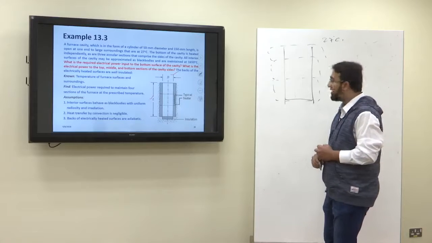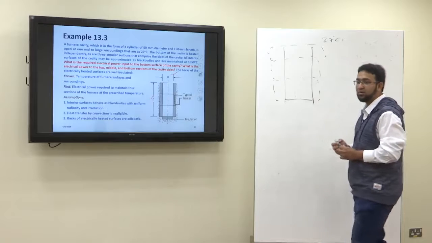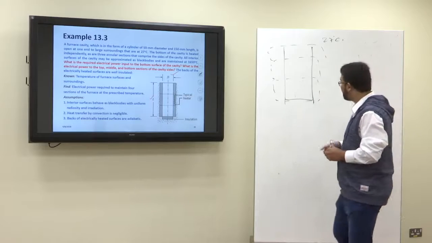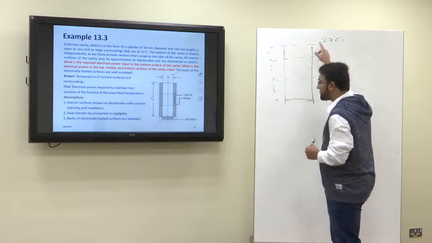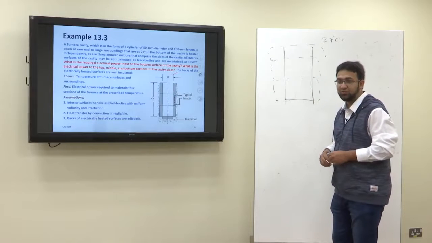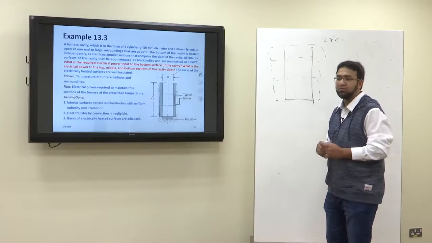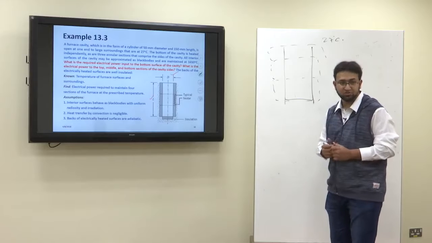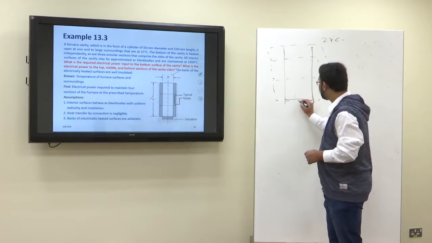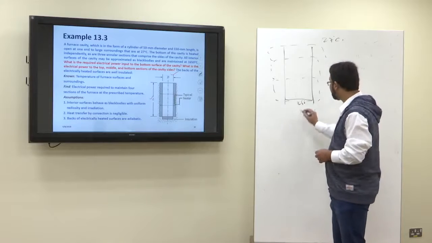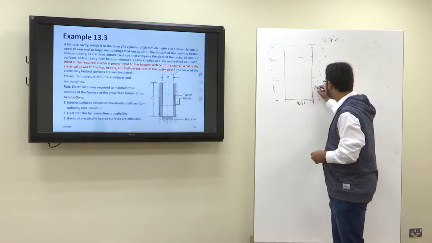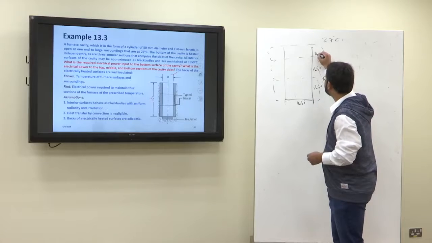For this problem we can assume that all the surfaces have the same temperature, although they are heated separately. That is 1650 degrees centigrade. So the bottom has 1650 degrees centigrade, and this surface, this surface, and this surface are all 1650 degrees centigrade.